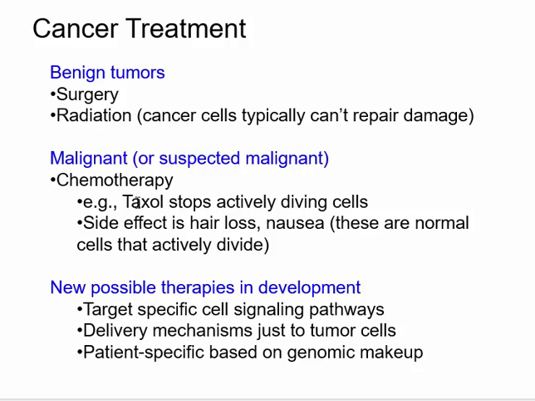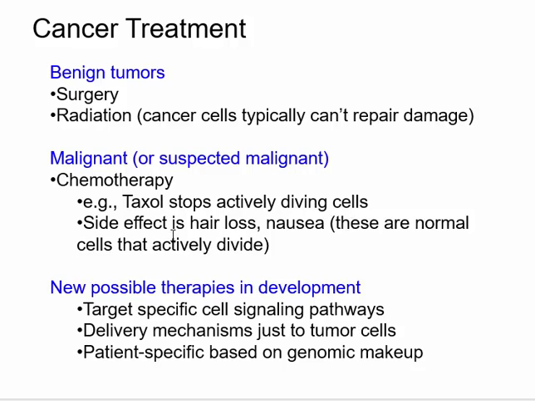So an example of a chemotherapeutic agent would be Taxol. And this is something that stops actively dividing cells. Why does that work? Because cancerous cells are very actively dividing. And so that will target those cancer cells, but of course that's stopping your own cells from dividing. So why do people experience hair loss and nausea?